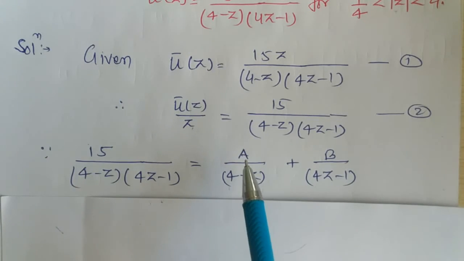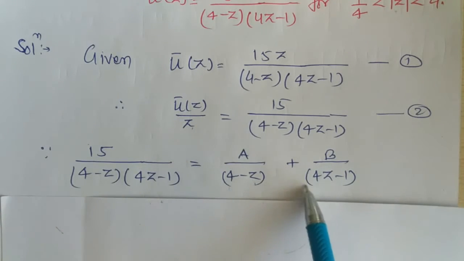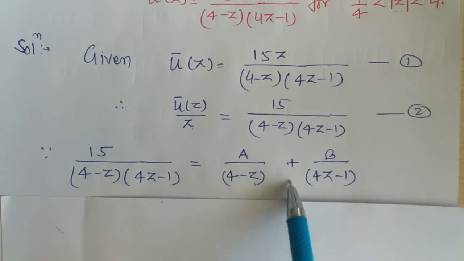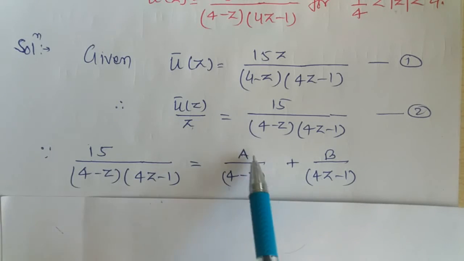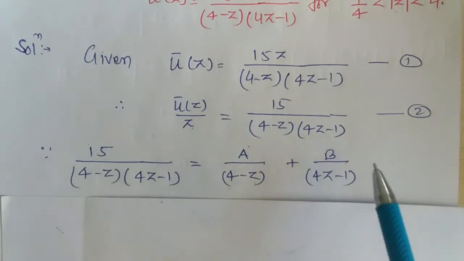We have to find the values of constants a and b, and for that we take the LCM, then the LCM on both sides cancels. Here in the numerator we get 15, and here we get a into (4z minus 1) plus b into (4 minus z).